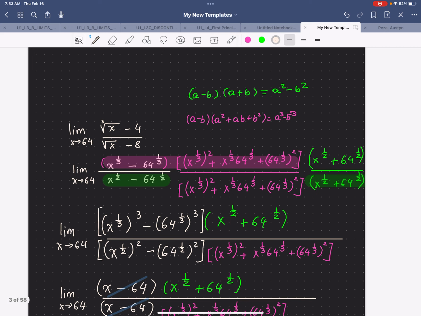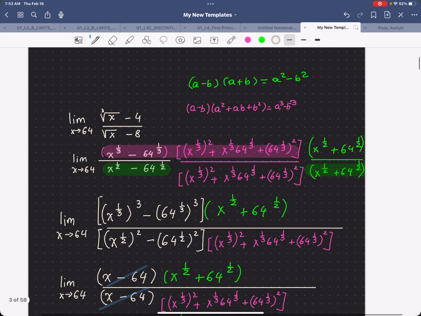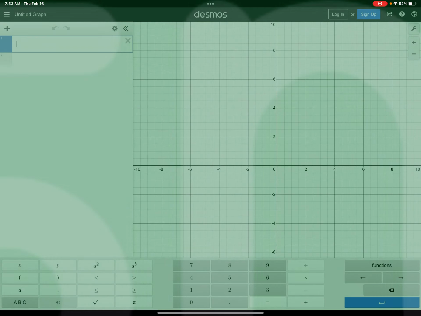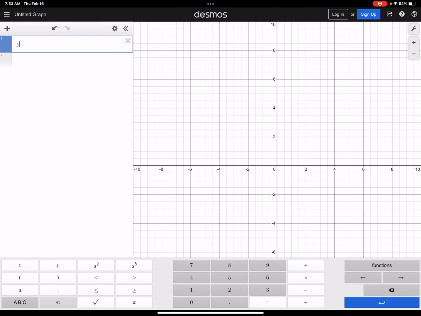So if you'd like to check and see if your answer is correct, always use Desmos. And let's take a look at it together. So we had y equals the third root of x. So I'm going to bring x to the power of 1 over 3. And then we had minus 4, right?